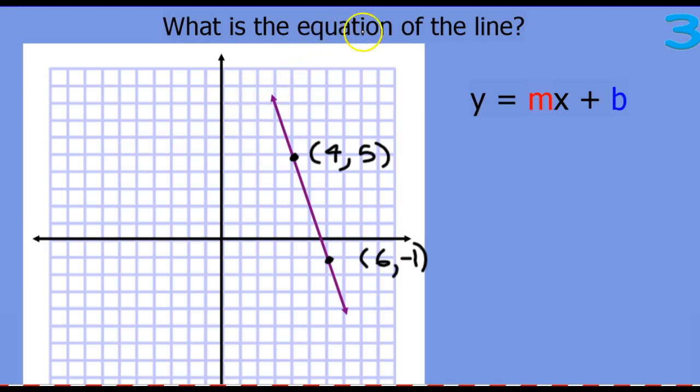Now, it's asking what is the equation of this line? So it's saying to find y equals mx plus b. So if we find mx plus b, we've got to find m first. Now to me, it looks like this line is going downhill, so I can count down my rise over run.